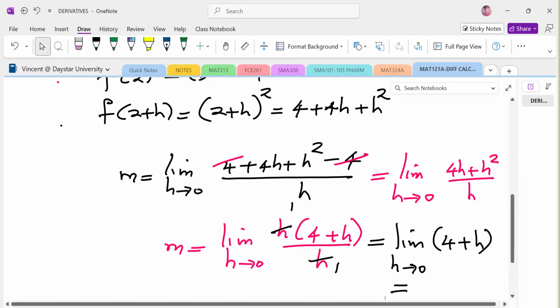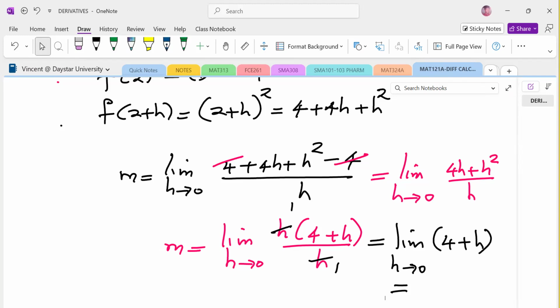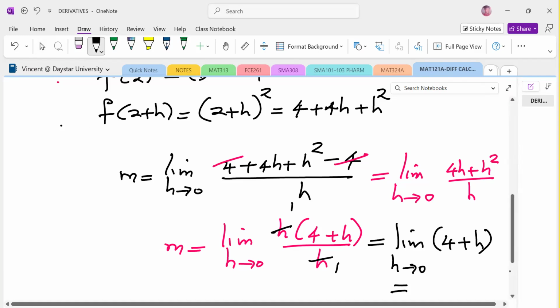What is the value of the limit here? Four, correct. So the value of the limit will be 4. Good. So this will be 4 because this is simply 4 plus 0, which is 4. So therefore the slope is 4.